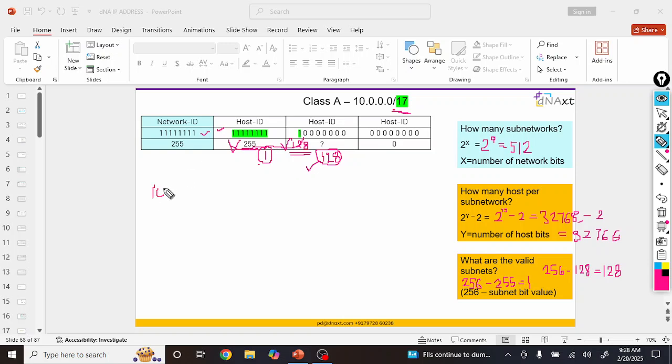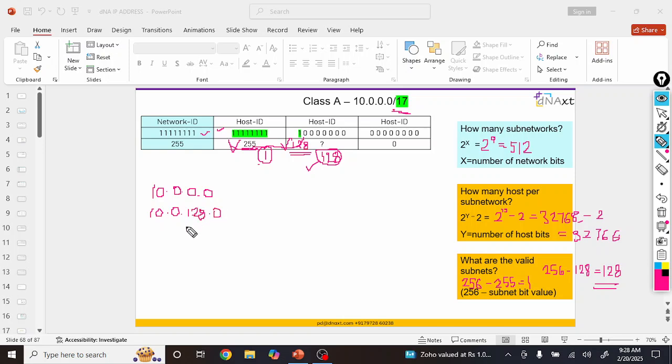So let's write down the subnetworks. We will start with the first, 10.0.0.0/17, then an increment of 128 in the third octet. So 10 dot, we will not disturb the second octet, we will write over here 128.0.